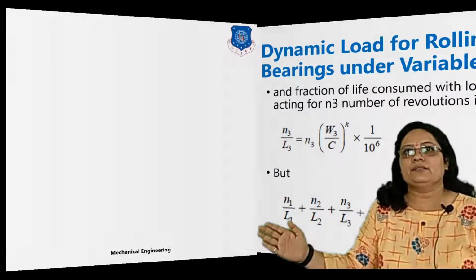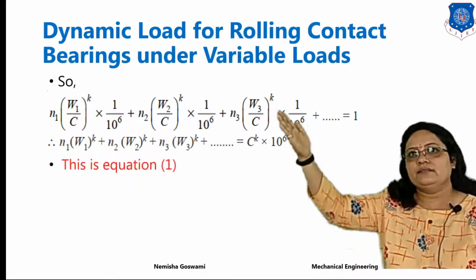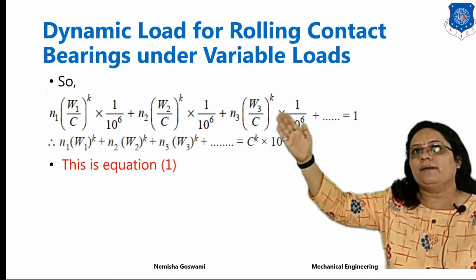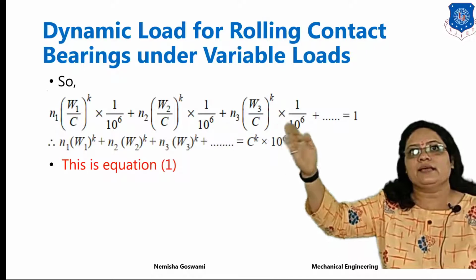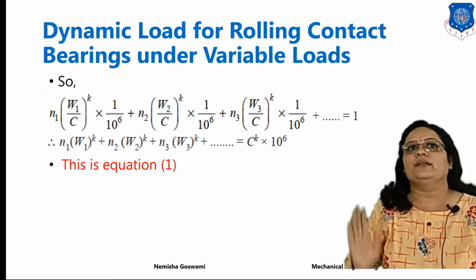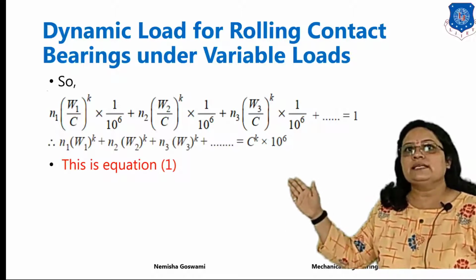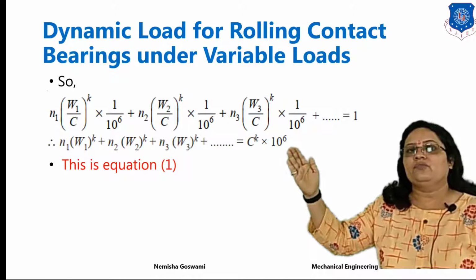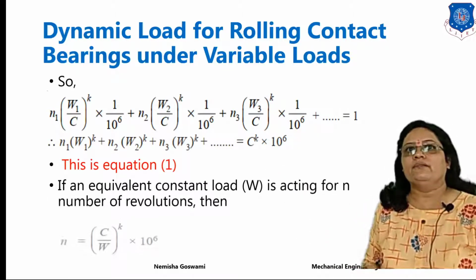So the next step is this. You will get N1 (W1 upon C) to the power k, multiplied by 1 upon 10 to the power 6, and similarly for N2 and N3, and the sum is equal to 1. C can be taken as constant, and 10 to the power 6 moves to the right side. This is equation number 1.